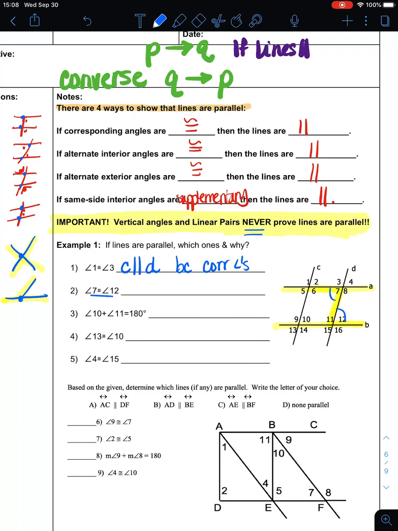The theorem says if alternate interior angles are congruent, which I just said they were, then A must be parallel to B, because they are alternate interior angles. They're congruent.